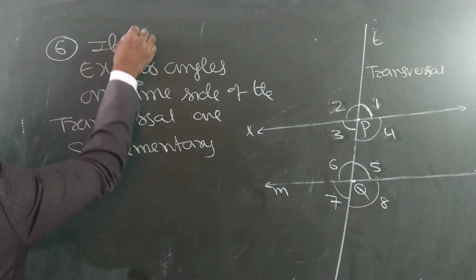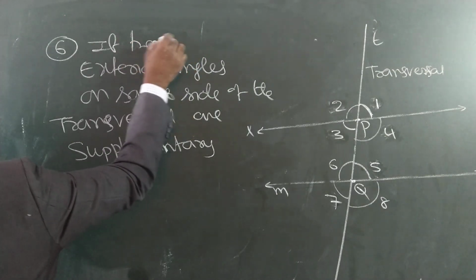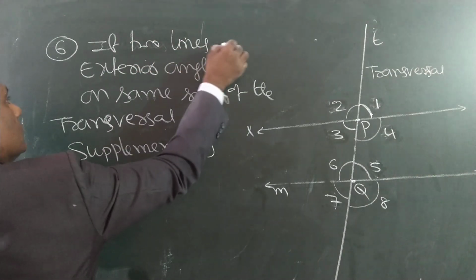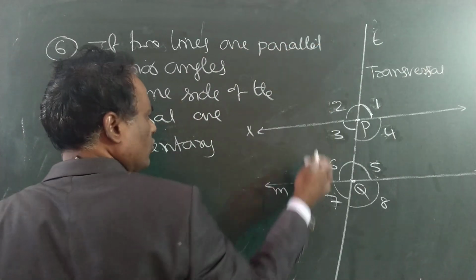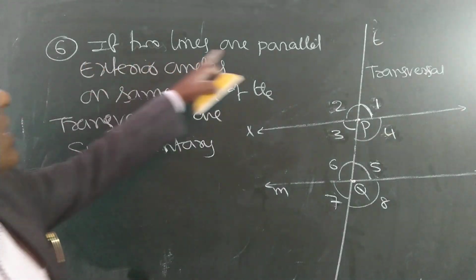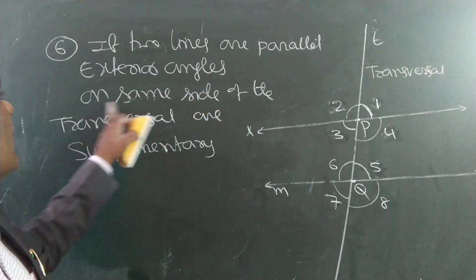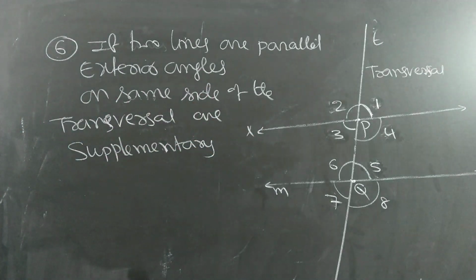First you write, if two lines are parallel, so all these properties are only for parallel lines. If these two are not parallel, then all these formulas will be wrong. So if two lines are parallel, then exterior angles on the same side of the transversal are supplementary.